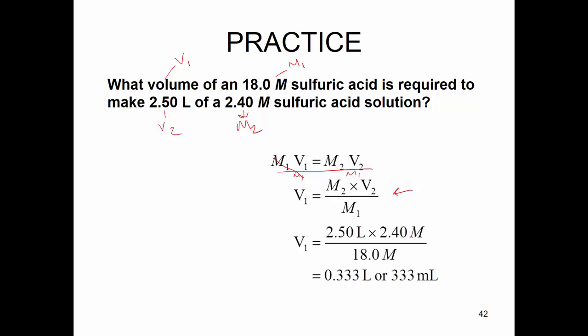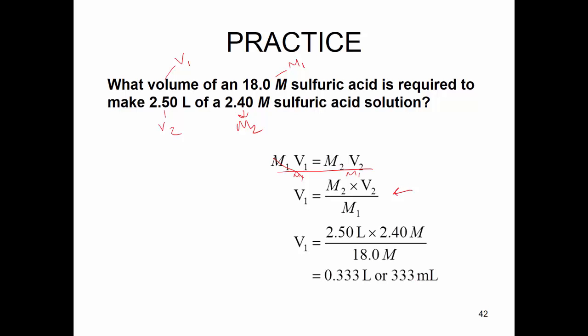M2 was 2.40. And then our M1 is 18.0. So basically you just rearrange, plug in the numbers that you're given, and this would be your answer. So in liters it's 0.333 liters, or we know if we move our decimal 3 places over, multiply times 1,000, we can get milliliters, which is 333 milliliters.